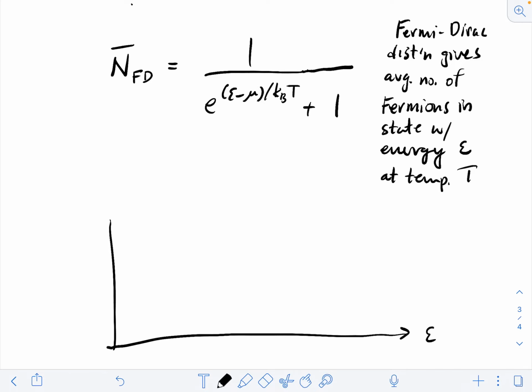So here's the energy, and here's the Fermi-Dirac distribution. Again, we could think of sitting at some fixed temperature, and we go to a very large energy. So e to the epsilon is going to be a large number. So we have 1 over a large number plus 1, and so that is, again, close to 0. So in fact, at very high energies, the system of fermions and bosons actually behave in a similar way.